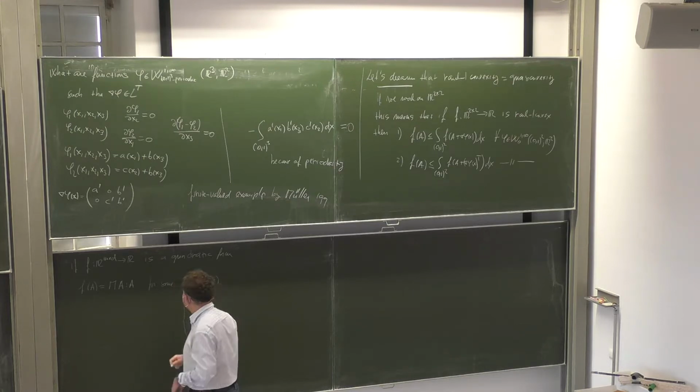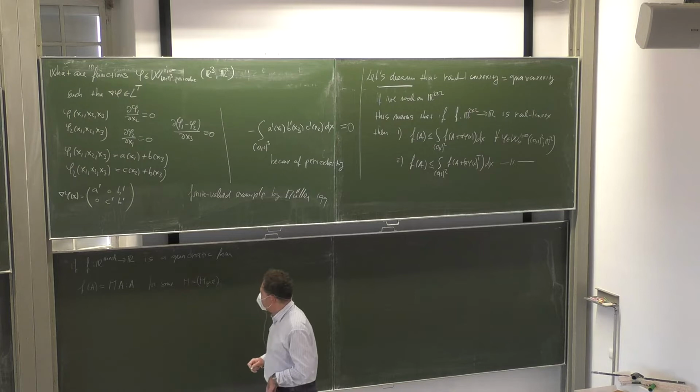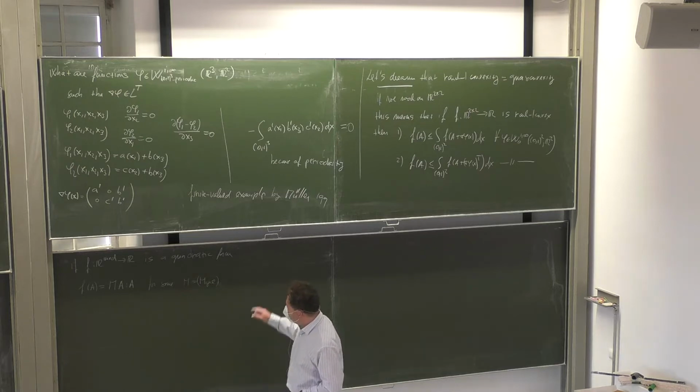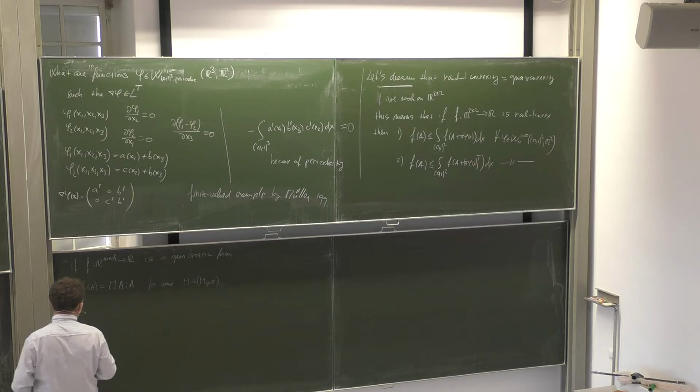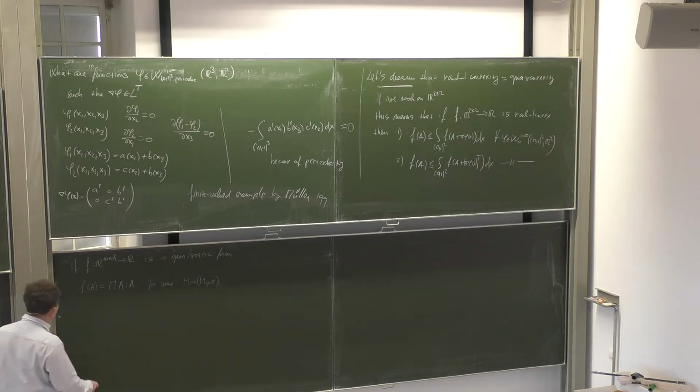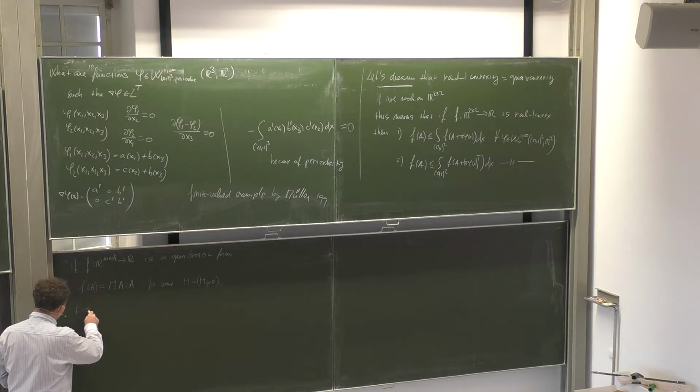So you know what I mean. I don't want to specify all these indices now, because I would be confusing maybe. So you take something like that. So f is rank 1 convex.